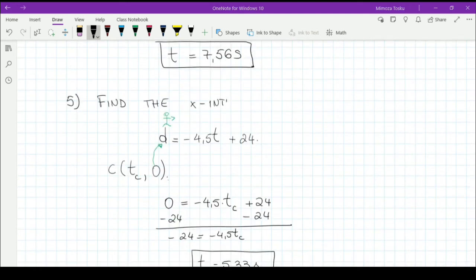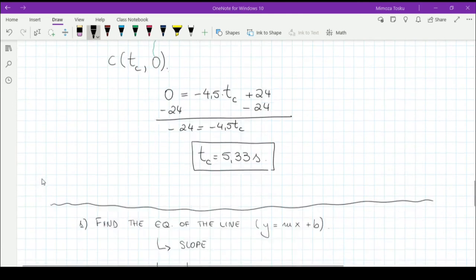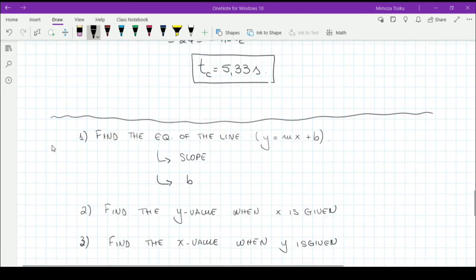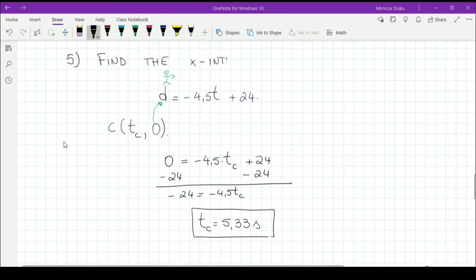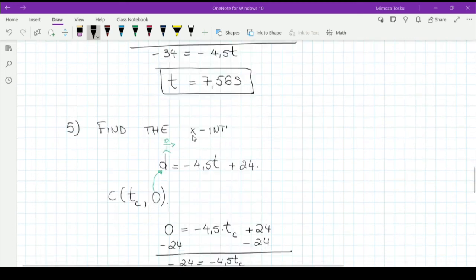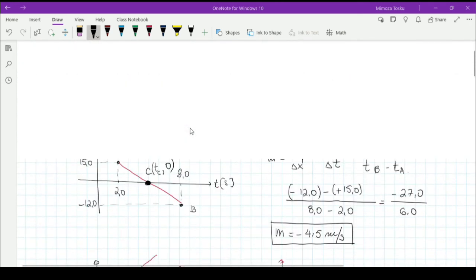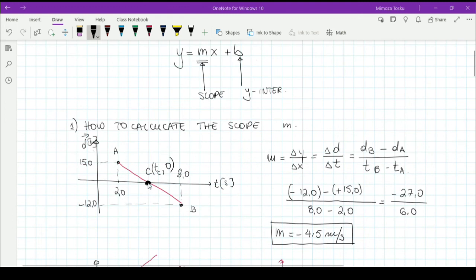Next thing that we will see is how to find the x-intercept. What do you have to keep in mind on the x-intercept? We are looking for the coordinates of this point C here that is on the x-axis.